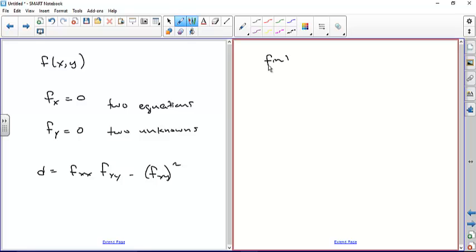There is a problem, find the area under some function f of x, y, or z equals something, using double integrals.